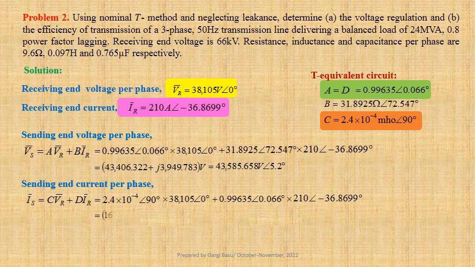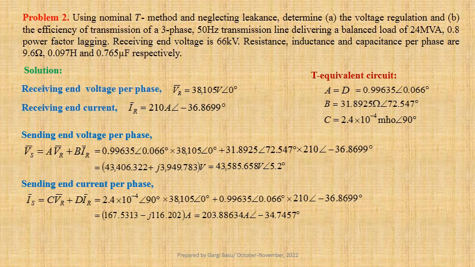That gives us 167.5313 minus j times 116.202 ampere. This may be written in polar form as 203.88634 ampere at an angle minus 34.7457 degree.